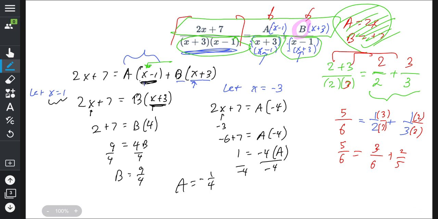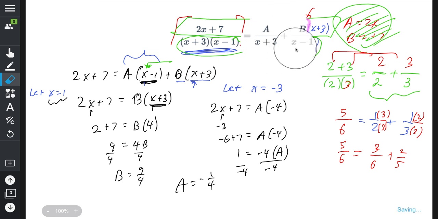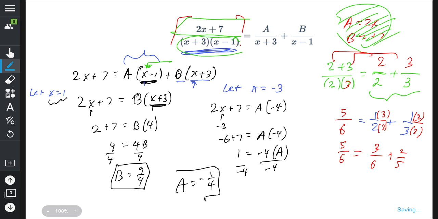To complete our answer, when you're asked to decompose a fraction, you need to insert the A and the B back into each of the fractions. If you have a denominator in your A and your B, that denominator will go down to the bottom.